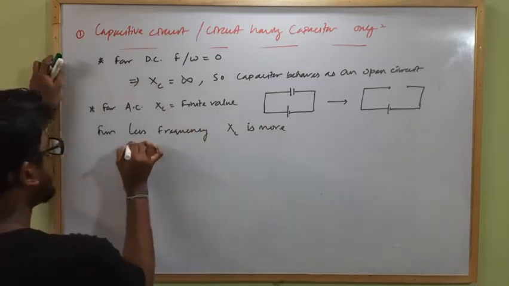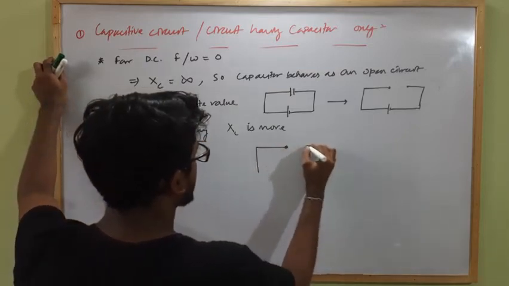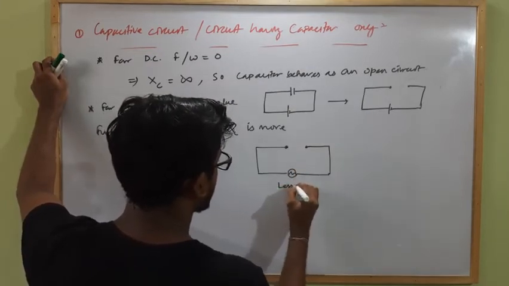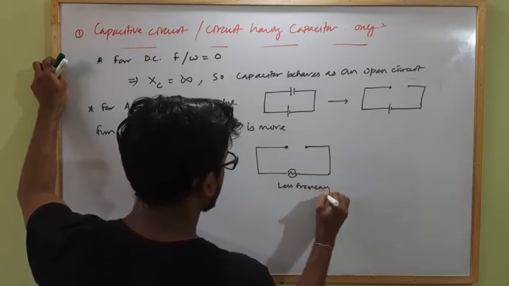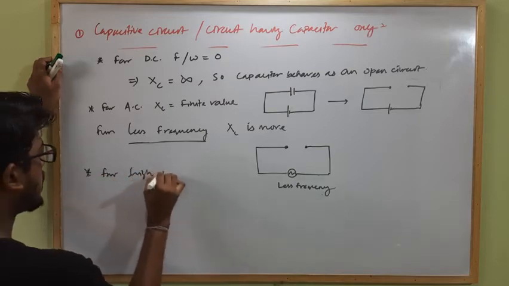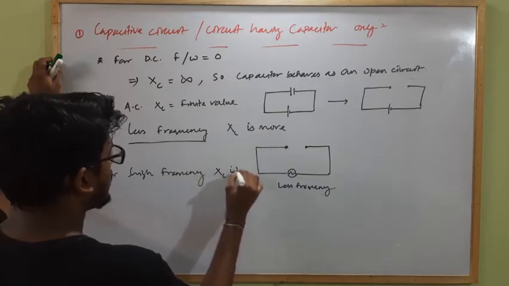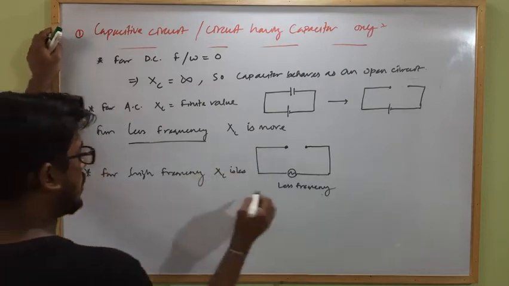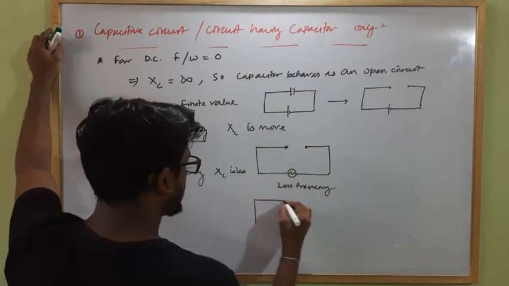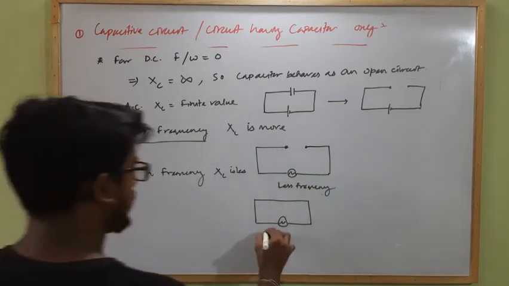So if the input alternating EMF has less frequency, XC is more, so it will behave as an open circuit. Next, for high frequency, XC is less because it is inversely proportional, so it will behave as a closed circuit, like this, for high frequency.